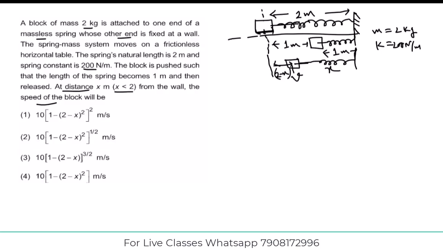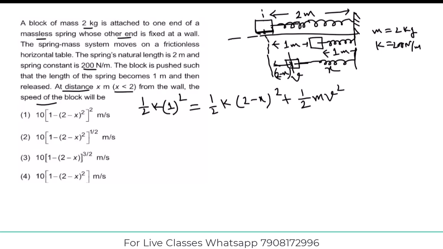So when the compression is 1 meter, the potential energy is half k into 1 square. When it is at this position, the compression is 2 minus x, so the potential energy is half k (2 minus x) whole square, and if its velocity is v at this point, then kinetic energy is half m v square.